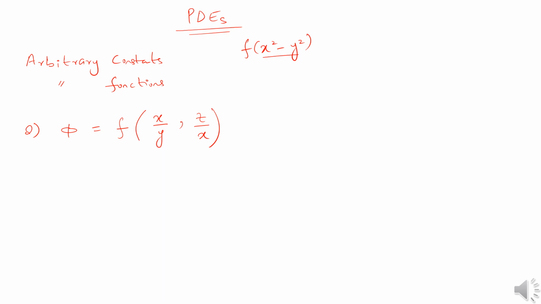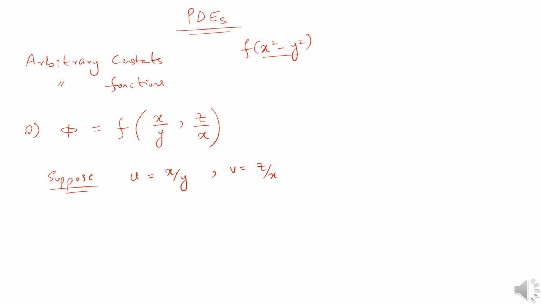So the first step is to suppose u equals x over y and v equals z over x.